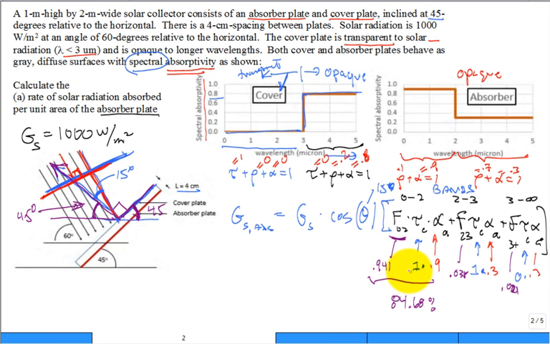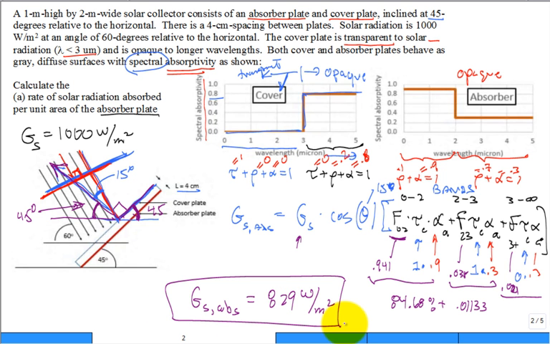And then here you get that it's the 0.01133, and then here. Then you add those up, multiply by the cosine of 15 degrees, multiply by 1,000, and we get the final answer that the solar absorbed flux on the absorber is 829 watts per meter squared.